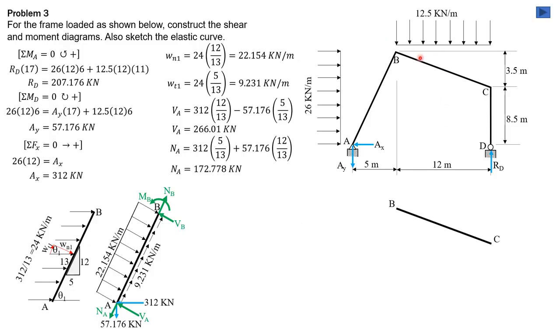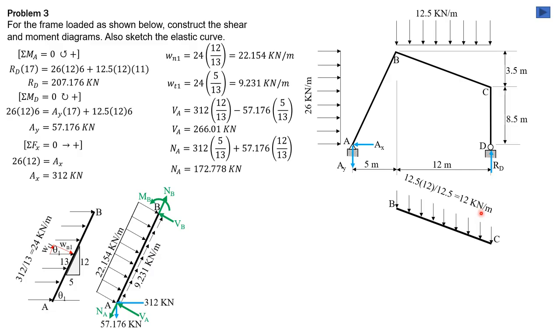Then for the other segment, BC, 12.5 times 12 is the total downward load. Now it's transmitted to BC, which is inclined, and the length of BC is the square root of 12 squared plus 3.5 squared, which is 12.5. So therefore, the vertical load along the member BC is 12.5 times 12 divided by 12.5, so it is 12 kilonewton per meter.